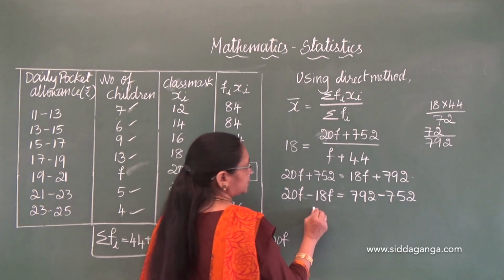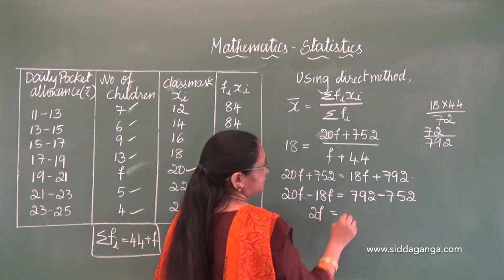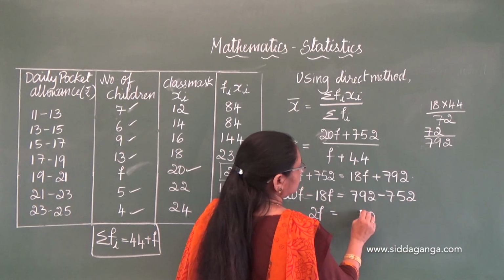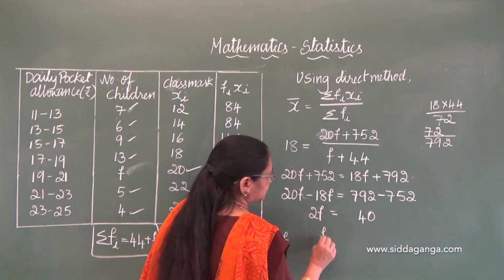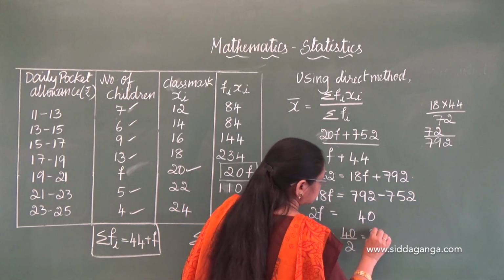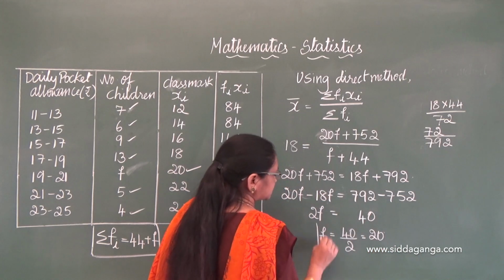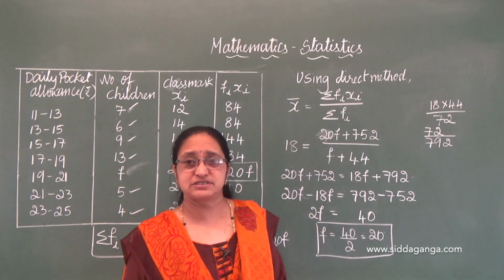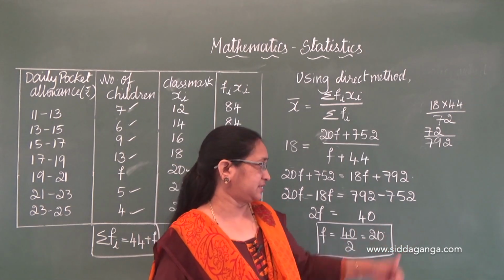Now, here 2F is equal to 40. So, F is equal to 40 divided by 2, that is 20. So how much is F? Missing frequency is 20. Please write that.